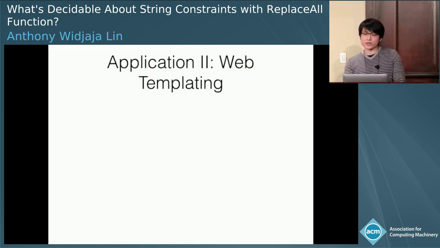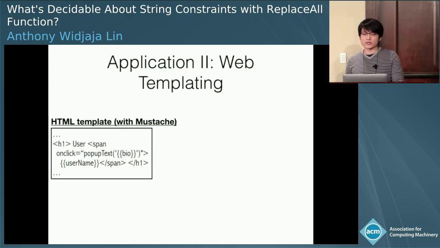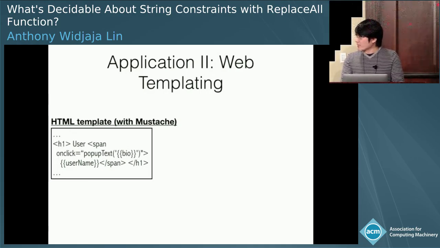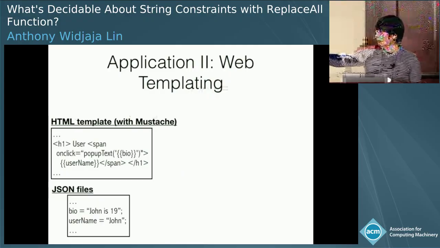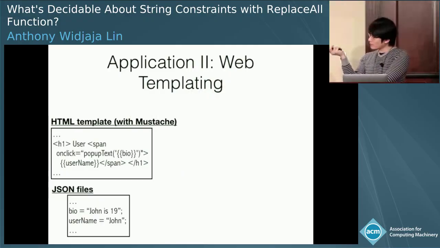So that's the first application. Another application is to express string operations in HTML templates like mustache.js. In Mustache, instead of having a single HTML document, you separate the data from the document skeleton. So here, for example, you can have a template that looks like this, with holes such as bio, and you have the data mentioned separately.